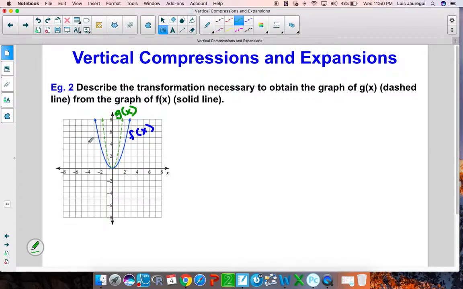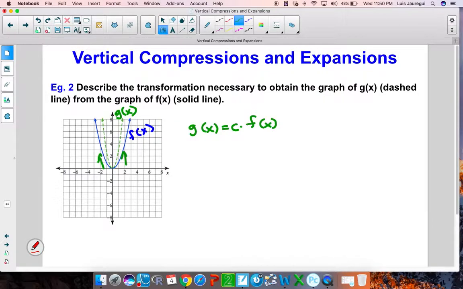Before, in example 1, we were pushing down. Now maybe we're pushing this one up to distort it and eventually make it look like the green parabola. So we have a vertical transformation. Therefore, we can say that g of x is of the form c times f of x.